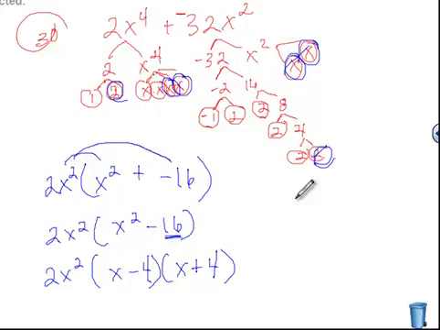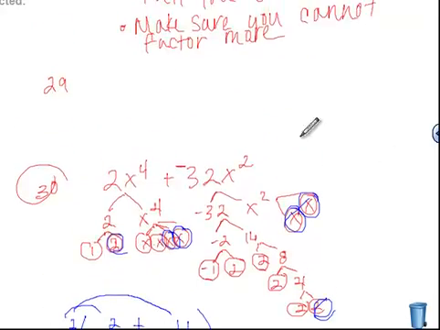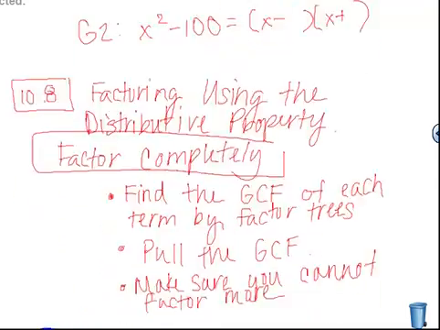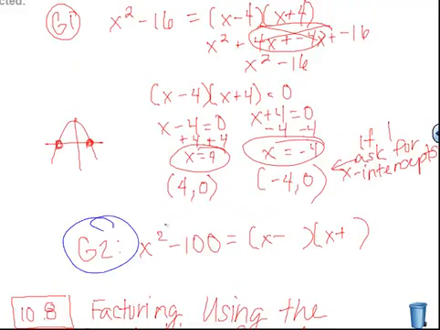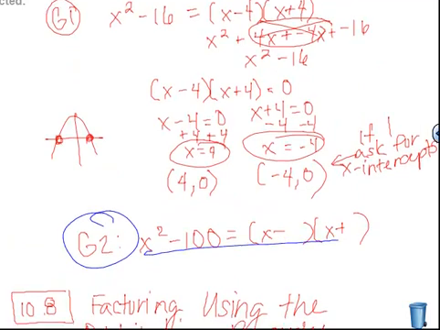All right, so that's it. I would encourage you to do number 29 as well. So don't forget to do these problems that I've left open. Okay, so do this one as well. Make sure you solve.